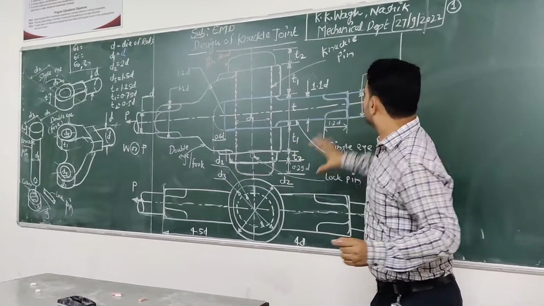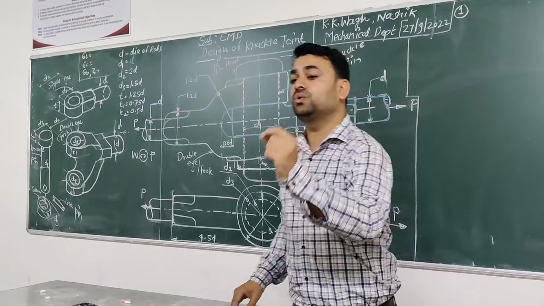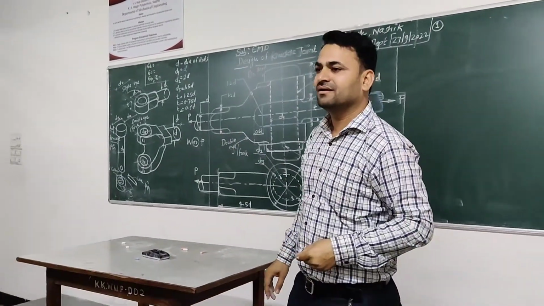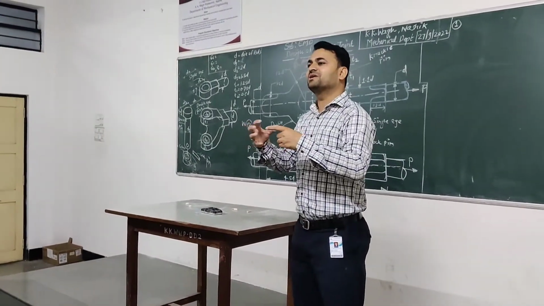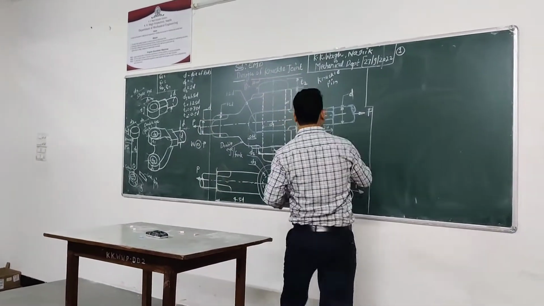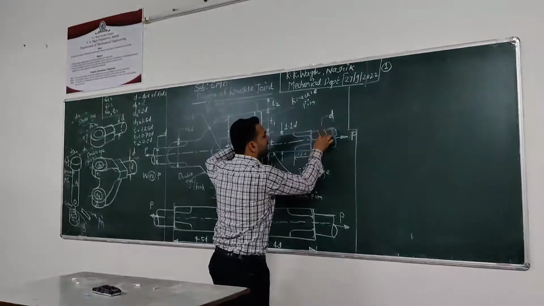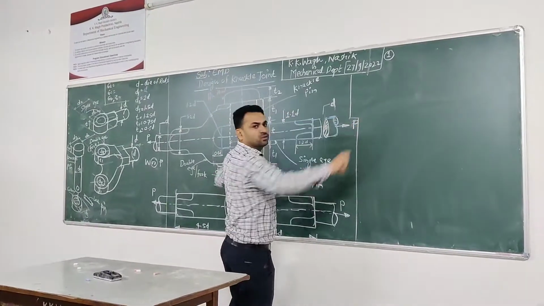As this is the smaller diameter, due to loading what happens? There are chances of failure of the rod in tension, which means this rod may break. Suppose due to loading the rod breaks like this.